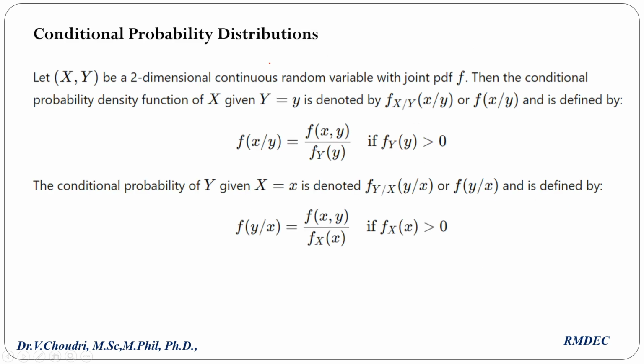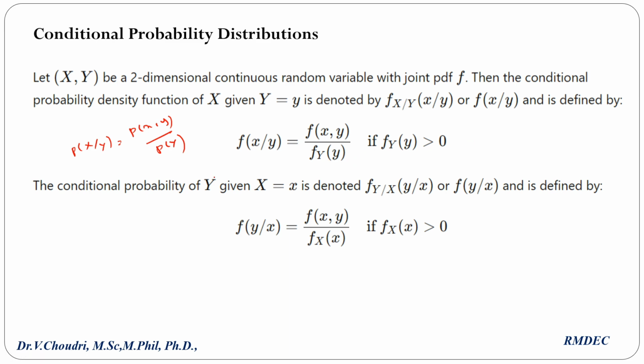Now the conditional probability distribution. So f of x given y, as usual, f of x comma y divided by f of y. So there we have seen p of x by y equal to p of x comma y divided by p of y. That is the same. Here joint density function, marginal probability function. Here note that density function greater than or equal to 0, but in this case strictly greater than 0.